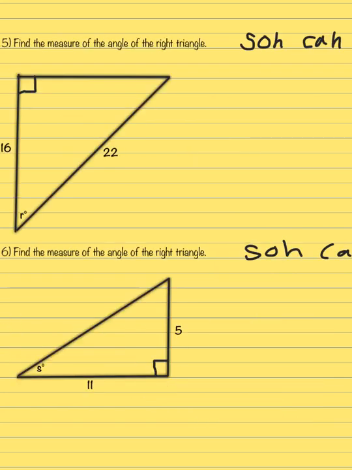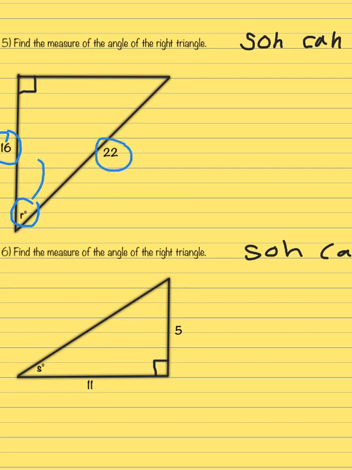Example number 5. We're going to be finding the missing angle measure instead of the side length this time, but we start the same way by deciding SOHCAHTOA, sine, cosine, or tangent. So find your angle that you're looking for, which is the R. What sides do we know in relation to that angle? The 16 and the 22.